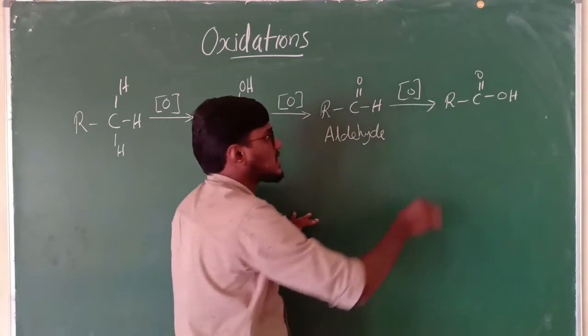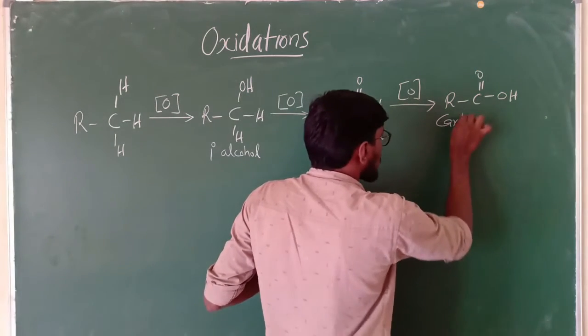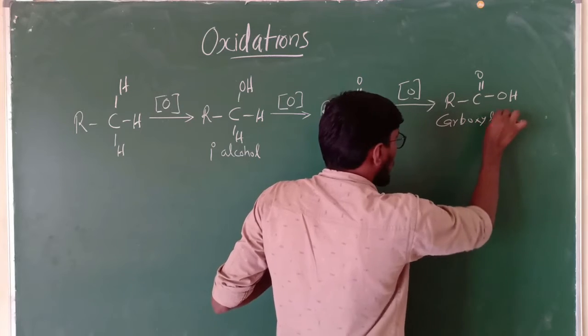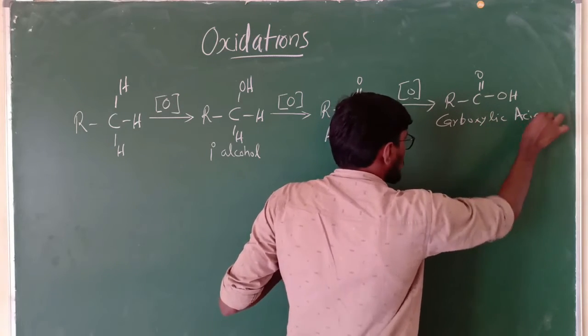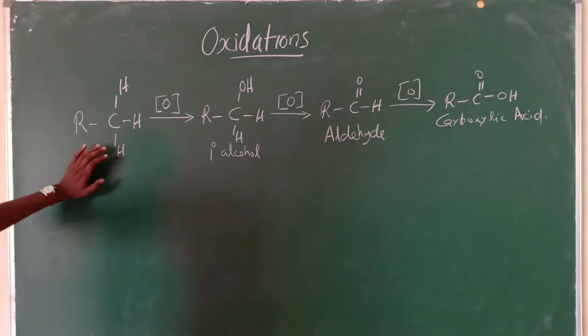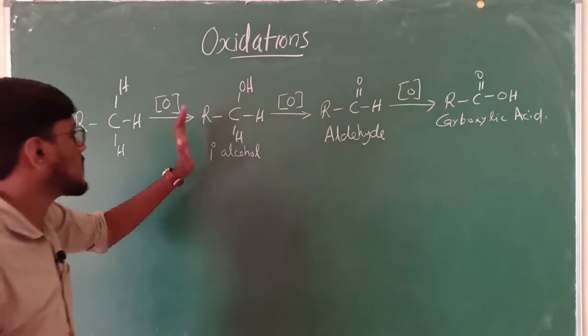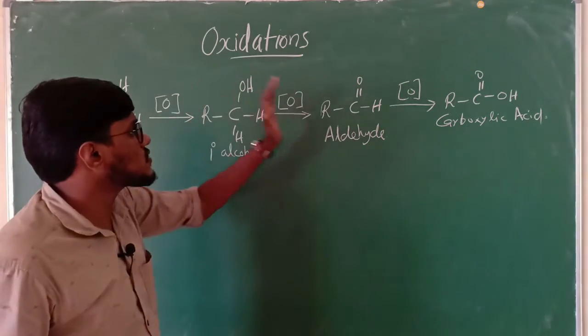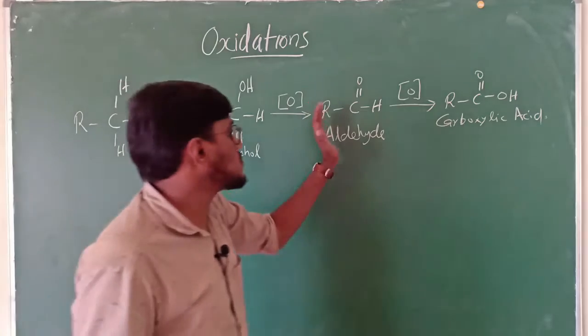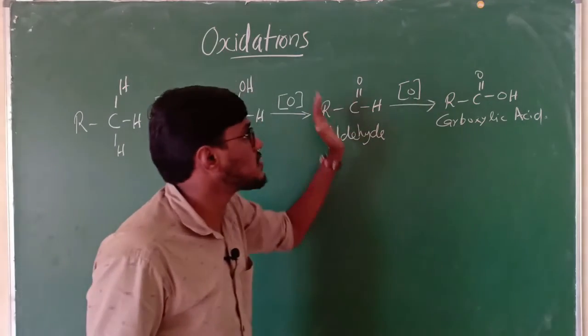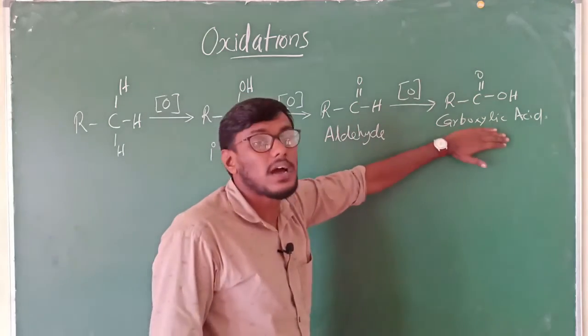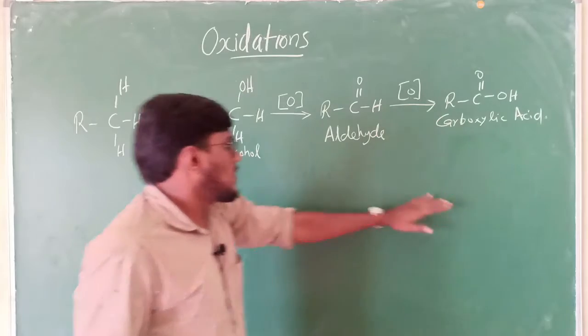This is a carboxylic acid. So you can see here this hydrocarbon on oxidation gives a primary alcohol, this primary alcohol on oxidation gives an aldehyde, which on oxidation gives the carboxylic acid.